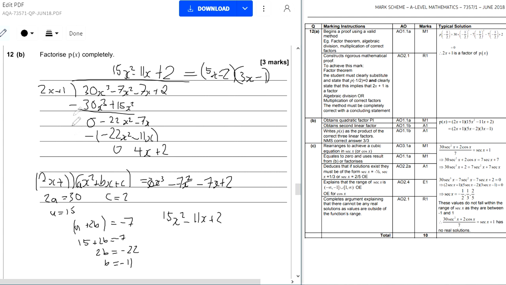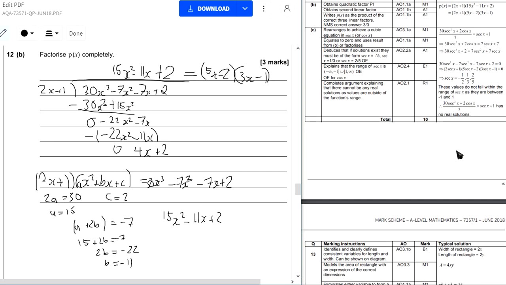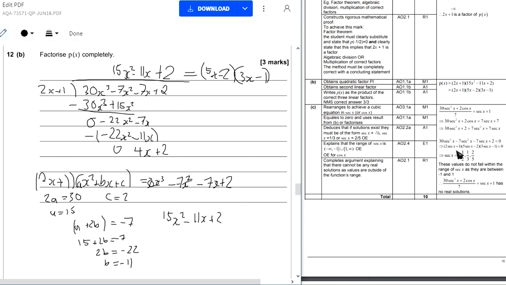What I do like about this, though, is you can make sure that you've done everything correctly, because this last value is always going to be divisible by this, if this is a factor. So yeah, what the mark scheme does, let's see. They don't specify a method.